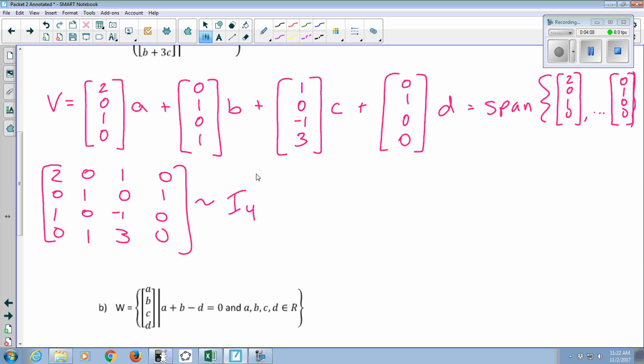It spans R4 and it's linearly independent. It's a spanning set, so it is a basis. How many vectors are in this basis? 4. So the dimension of V is 4.